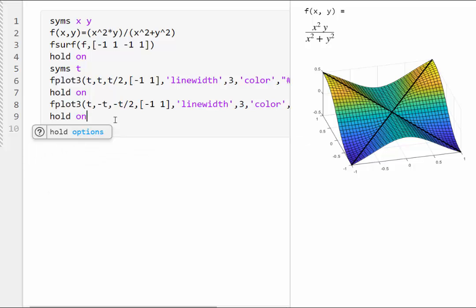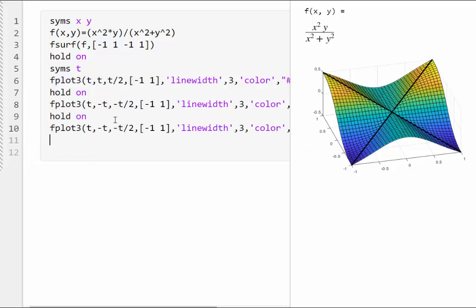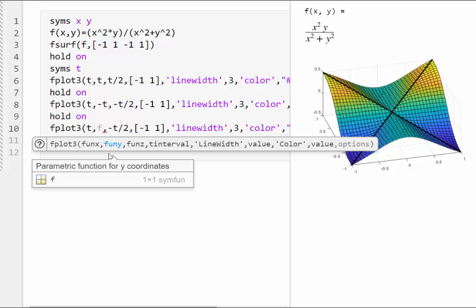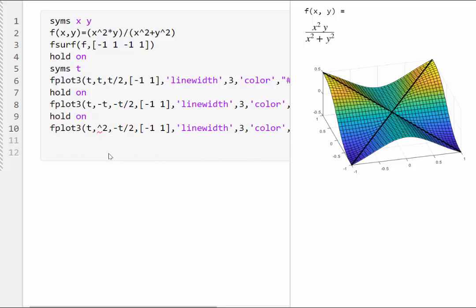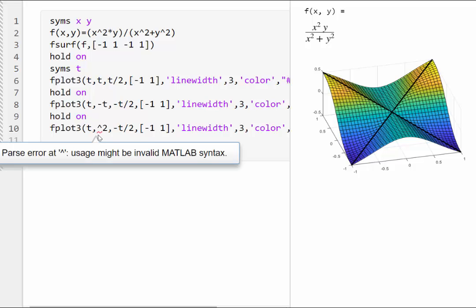All right, and then I'm going to make a change here because let's go via a parabola. So here y equals x squared, so this will be t squared.